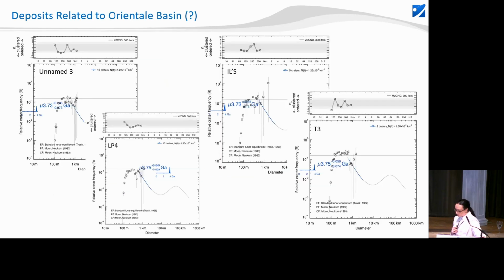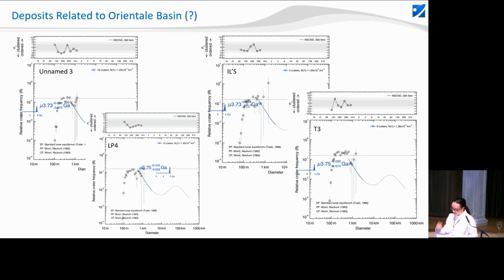Now, these are the 3.7 group planes, which I did not include the Shoemaker because it goes in the next slides that you will see soon. Now, in this case, we have very similar plots. So we have a very consistent 3.7 age for the craters, the same crater size range.